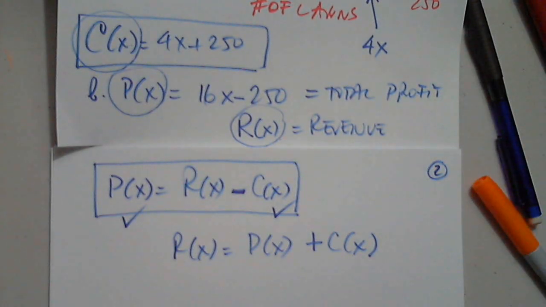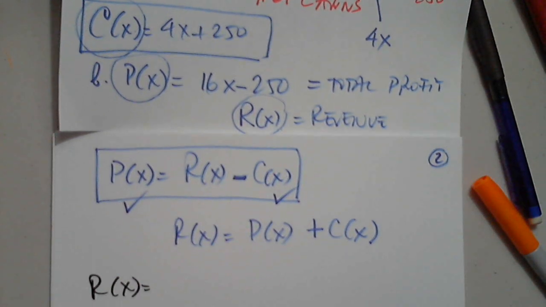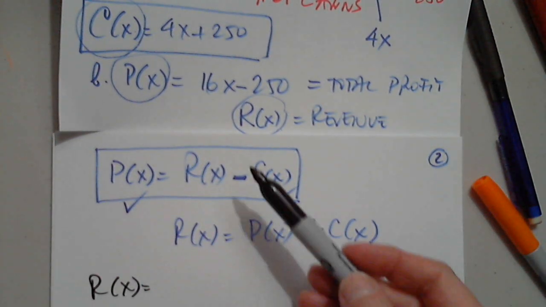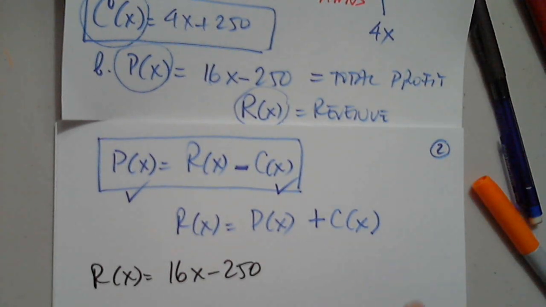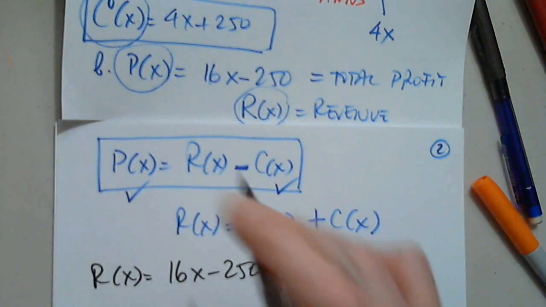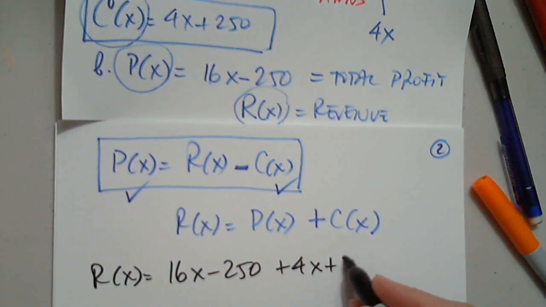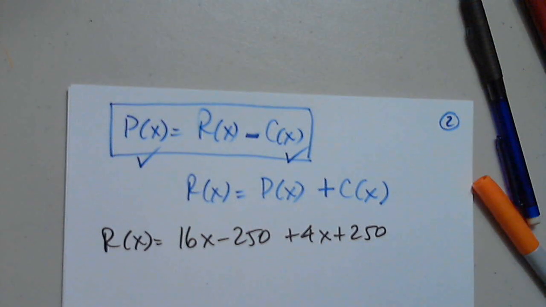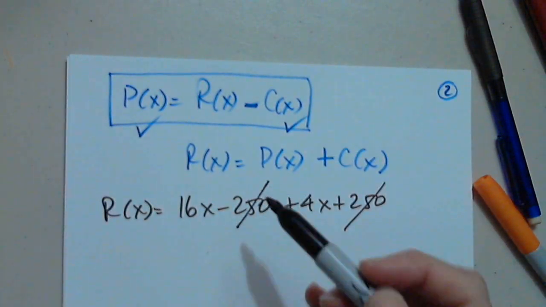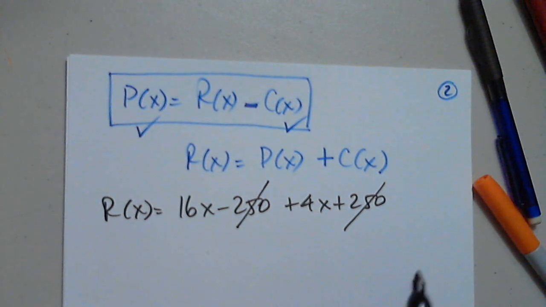Okay, so revenue. They're giving us the profit, 16x minus 250. I have to add the cost function, plus 4x plus 250. Awesome. 16x plus 4x, 20x.